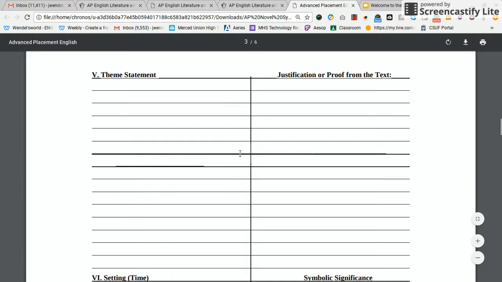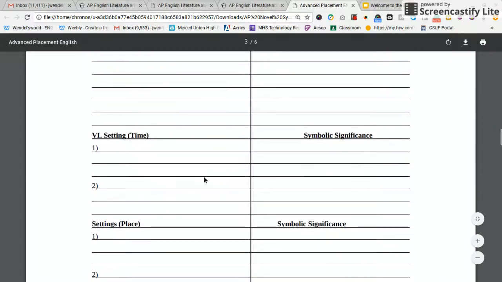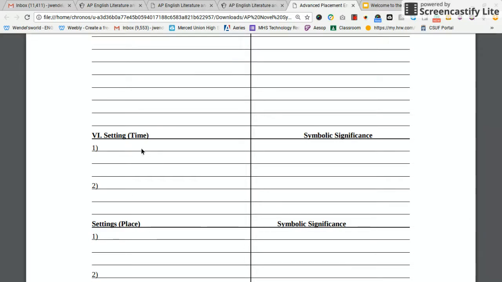So what you want to do is you want to try to just write down a theme statement here. We've worked on this in class. Blank is about blank and reveals that... Okay, so we want to try to create a good statement here, find proof from text, the setting and the symbolic significance. So for example, To Kill a Mockingbird is from Maycomb, Alabama.